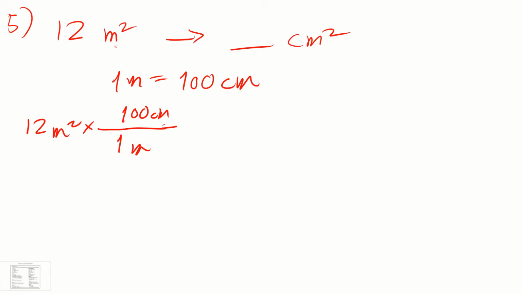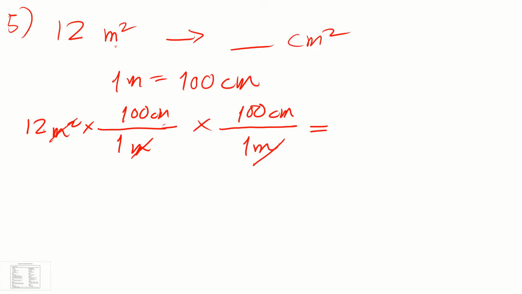Pero kapag in-eliminate natin siya, may matitira pang isa pang meter. So therefore, we need to write down again 1 meter and then 100 centimeter. Kapag ginawa natin yan, perform natin yung operation, ma-eliminate natin si meter, and then centimeter times centimeter will give us square centimeter.